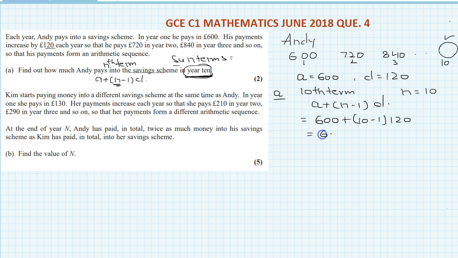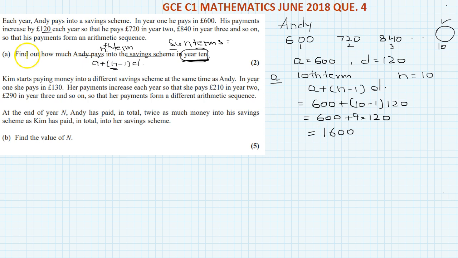So that is 600 plus 9 multiplied by 120. So that is 1,600 pounds that he pays into the saving scheme. So the answer is £1,600 in year 10.